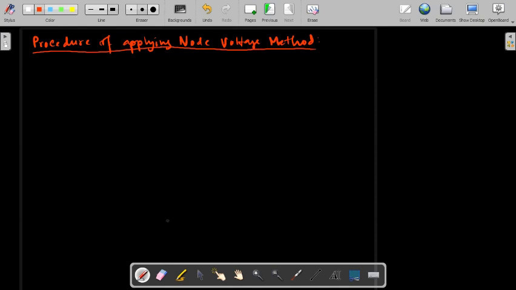For that I am again taking the same circuit, and you already know the node voltage method. So I will quickly go through the basic steps of the node voltage method. But before that, I am drawing the circuit over here. Again the same circuit I am taking for applying the node voltage method.